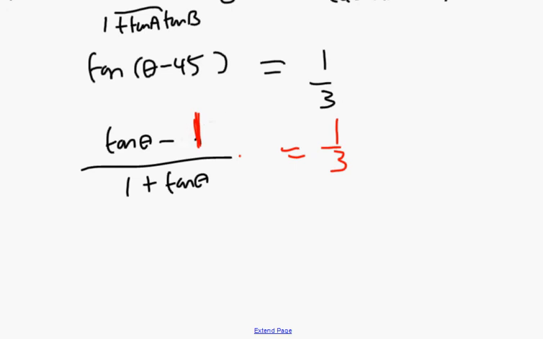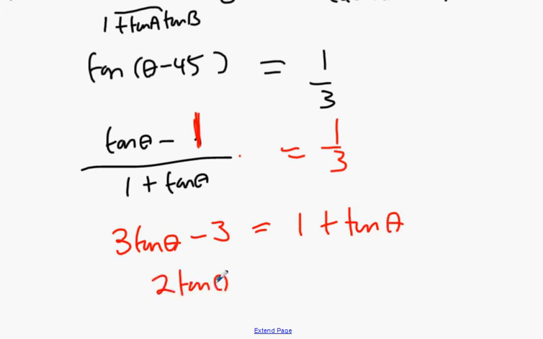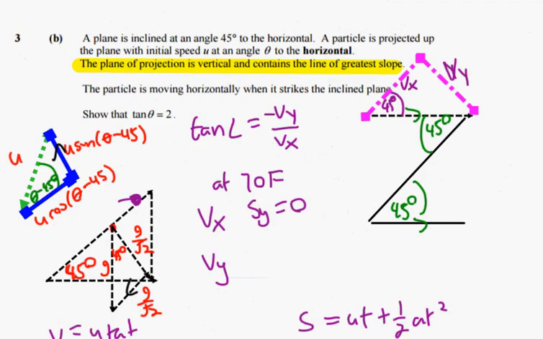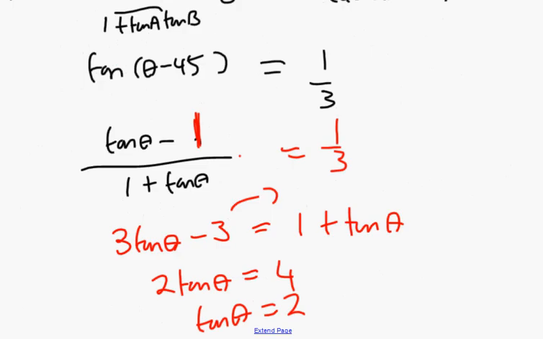And there we are. Now, cross multiply. 3 tan theta minus 3 equals 1 plus tan theta. Bring all the tan thetas onto one side. 2 tan theta equals, bring that one over to the other side. Is that 4? Yeah. And tan theta will be equal to 2. I think that's the end of the question.